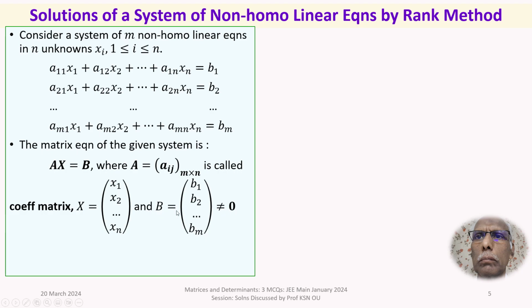If capital B is equal to 0, then it becomes a homogeneous system. That's a different case. So we take B not equal to the 0 column vector.